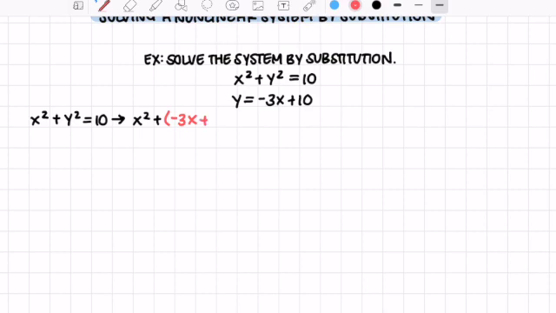Negative 3x plus 10 to the power of 2 equals positive 10. So from here, all I'm going to do is start solving.